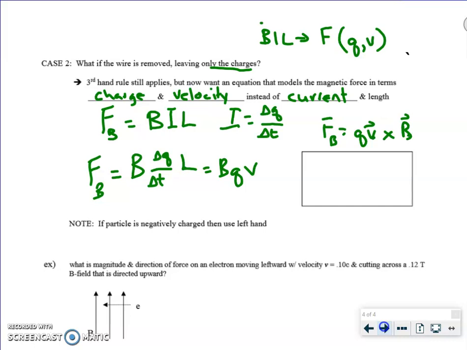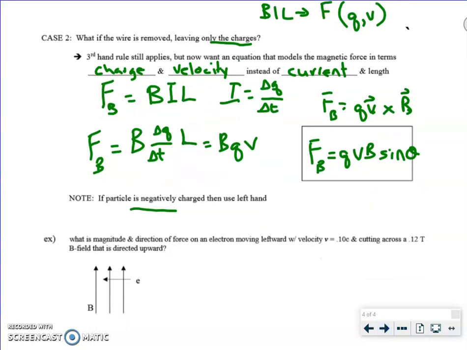Q is a scalar, so we just put that out to the side. So long story short, assuming the angle is 90 degrees, we'll just say QVB sine of the angle. And usually that just reduces to QVB. And note, if the particle is negative, then we use the left hand for the right hand rules.